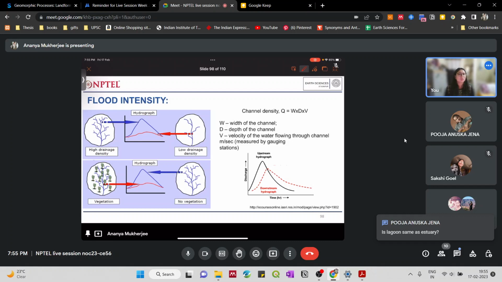No, lagoon is not the same as estuary. A lagoon is where the water is getting input from both the river and the sea. It is the mouth or the region where the fresh water interacts with the sea water; the interaction is very narrow, but a big water body has formed.